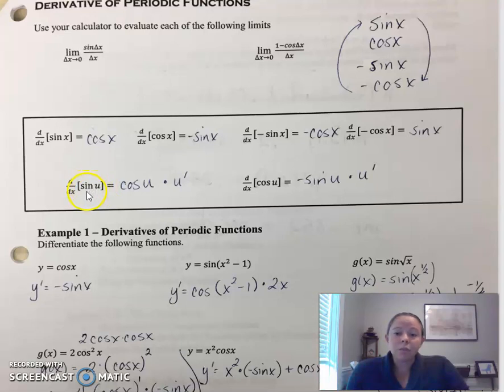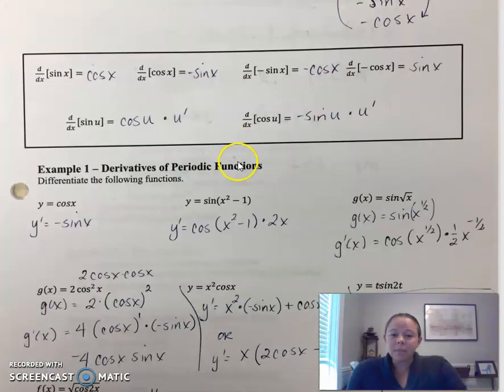So you'll do the derivative of the outside, the sine part, which turns into cosine. Notice the inside stays the same, but then times the derivative of the inside. And then we do the same thing over here. Cosine, the derivative of negative sine, where the inside stays the same, times the derivative of the inside. So you're using the chain rule, but it looks a little bit different. It's not as obvious what the inside is.